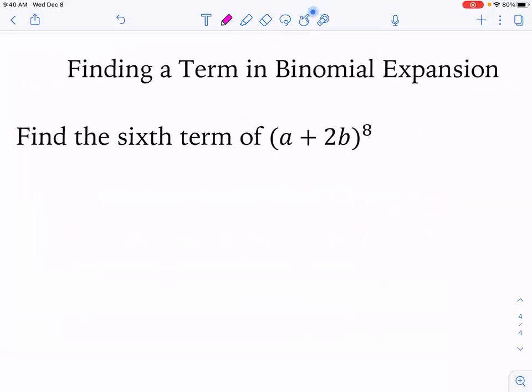And I want you to discuss, don't write anything down, just talk with your pod about what you think that term needs to start with. Which combination do we start with to set up our term? Ready, set, talk about it.